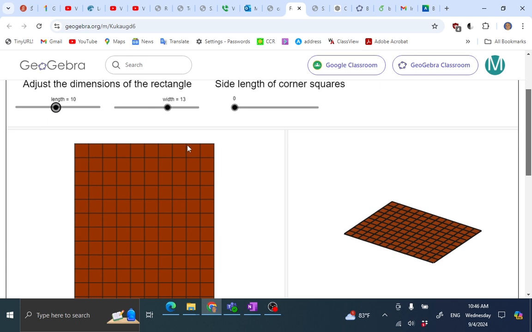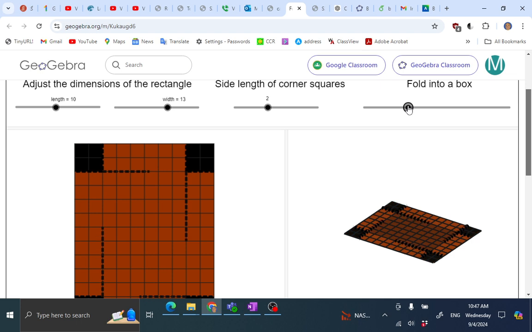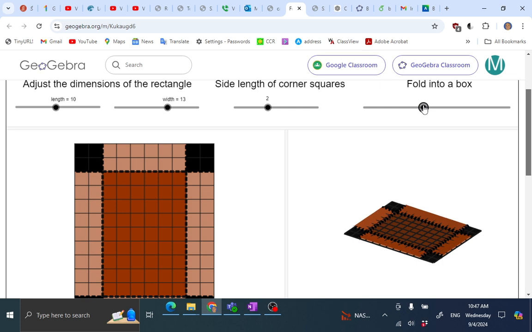Now we want to decide how much to cut from each corner. So you control it here. Perhaps here I'm going to cut one of the squares, perhaps two, and so on. Once you cut this, what do you do? You are going to take these flaps and then fold them. So here you can see I'm going to fold them. We did the cutting.